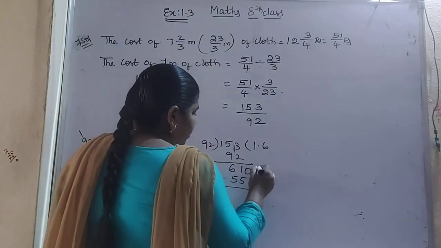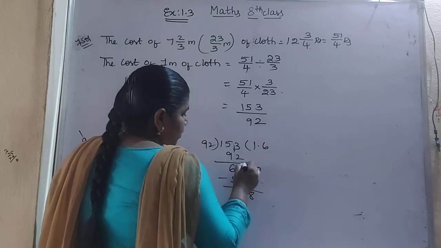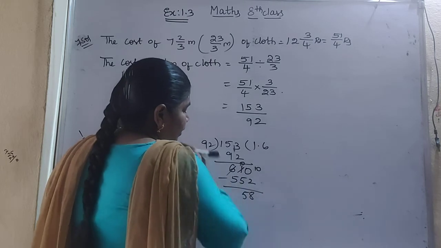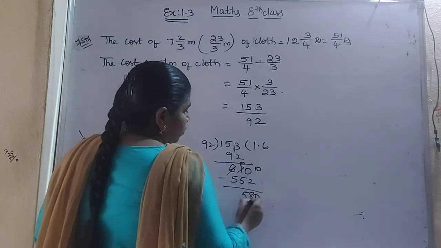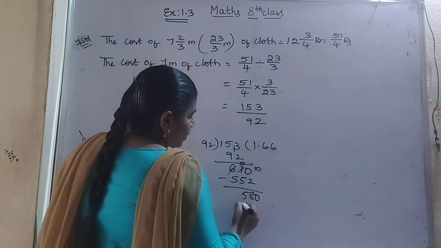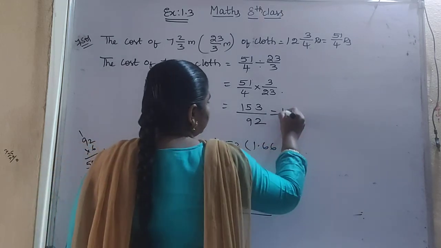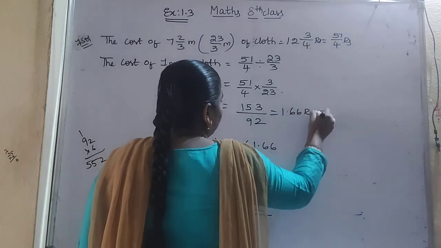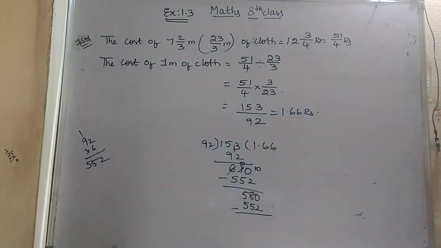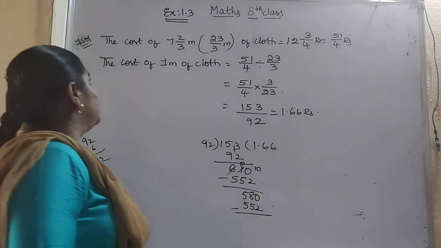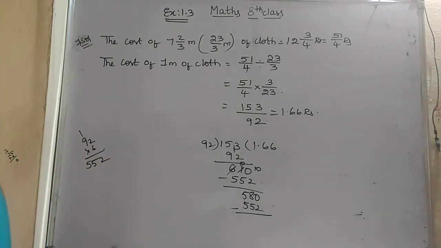Subtract this one. 10 minus 2 will be 8. 10 minus 5 is 5. 58, you got again 0. 92 six times will be 552. Okay, so enough. So what is the cost here? 1.66 rupees. Therefore the cost of 1 meter of cloth is 1.66 rupees. So this is our seventh solution.